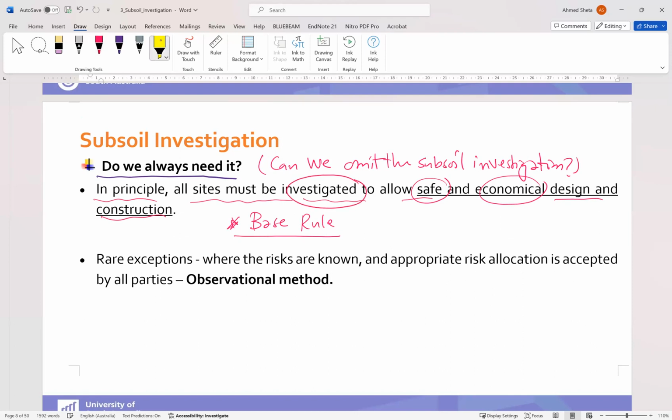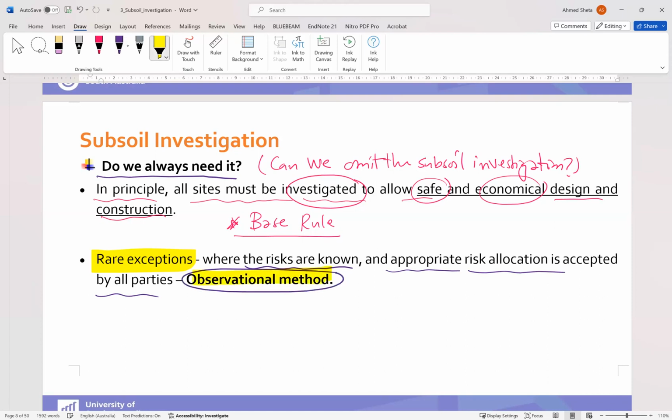But in some special cases or rare exceptions, where the risks are known and agreement or appropriate risk allocation is accepted by all parties, we can use the observational method.